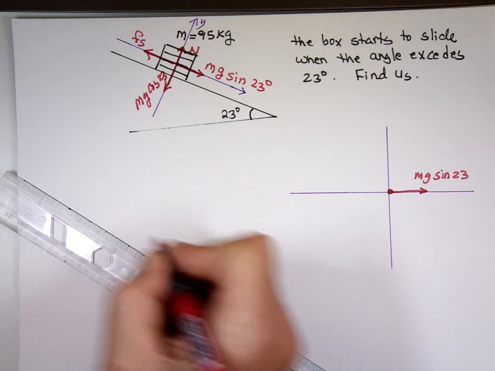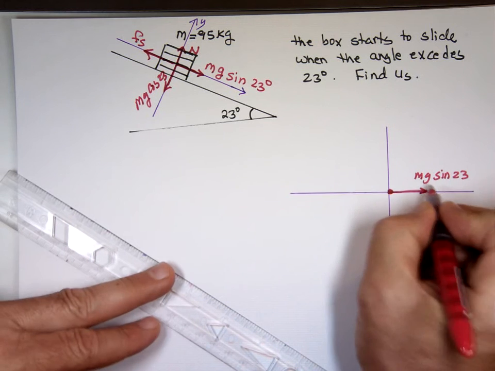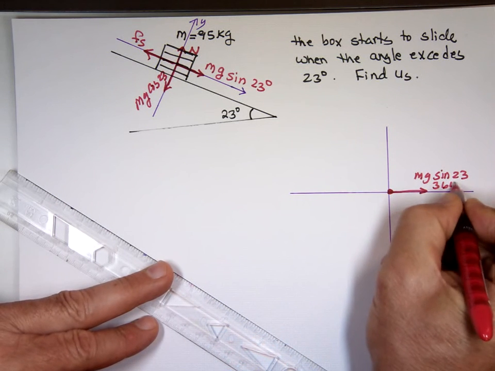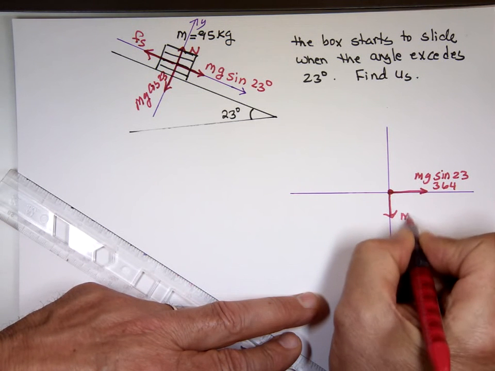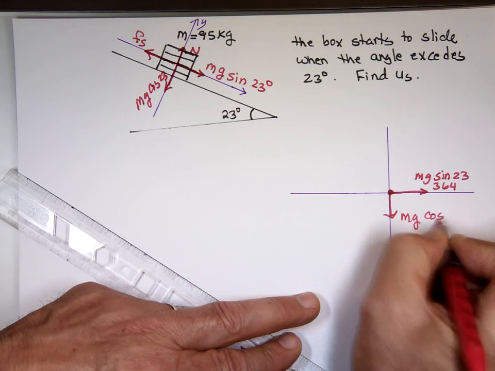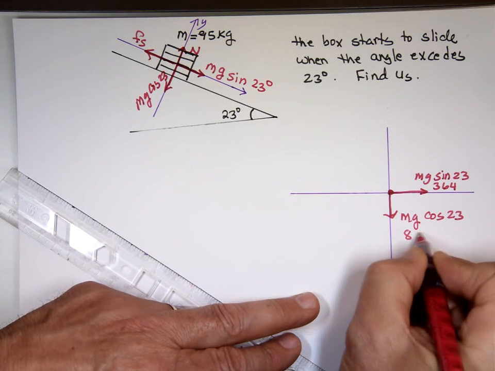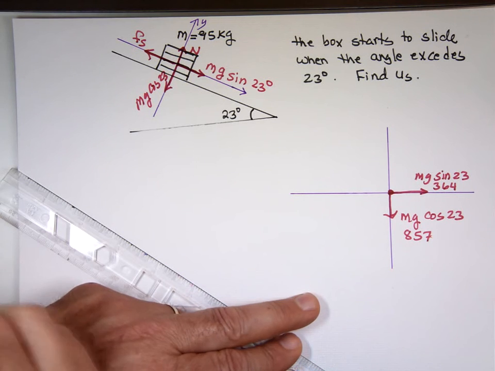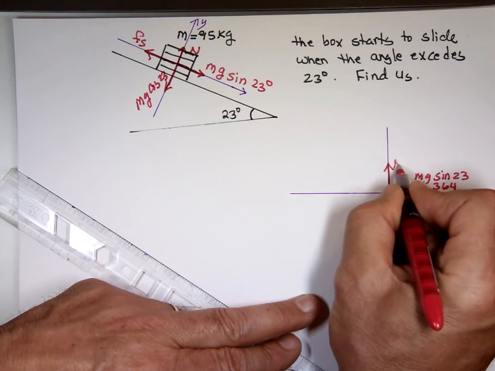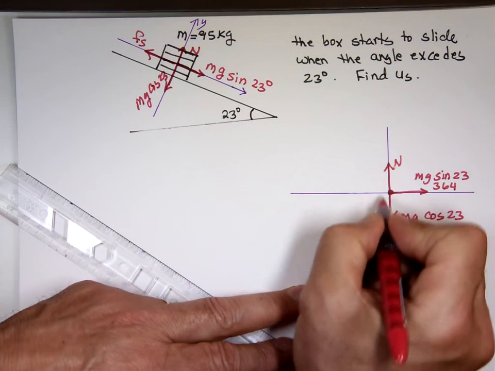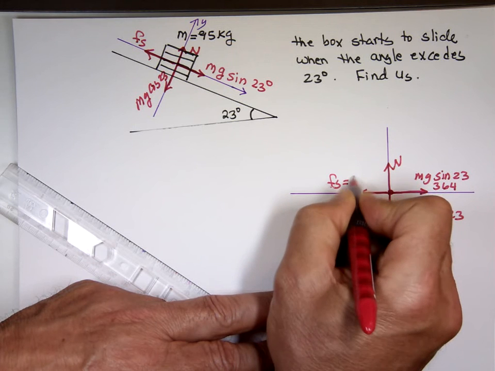I probably don't need it, but that's 364. I have mg cosine 23. Do the math again on this one, 857. We get the normal force pushing upward. And we get the static friction, F of S, which is mu s times n, pushing in that direction.